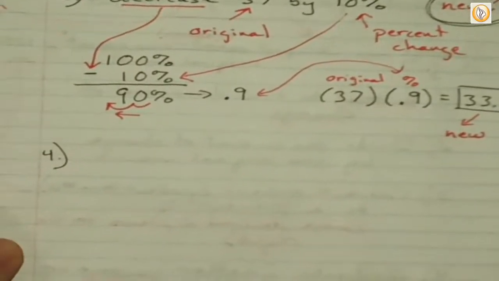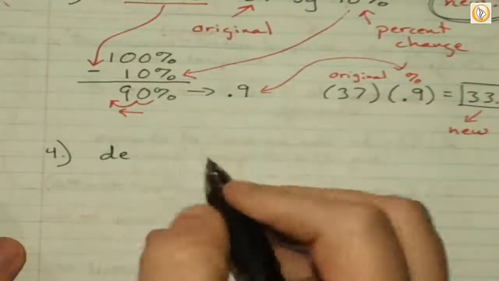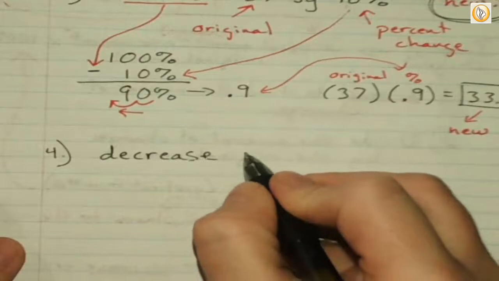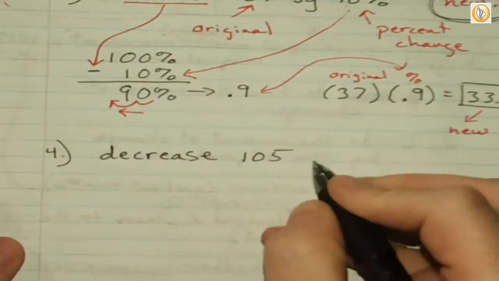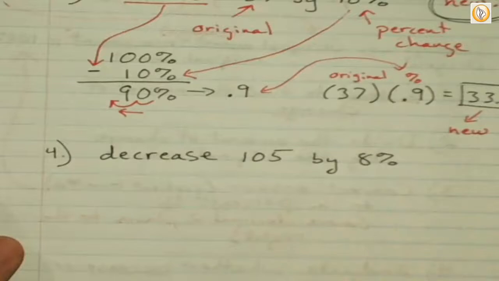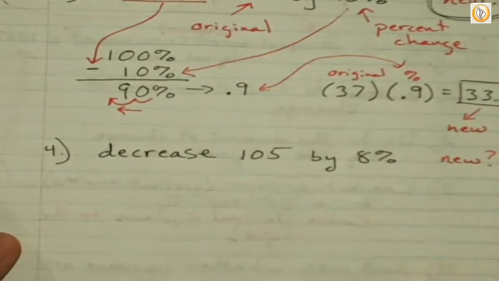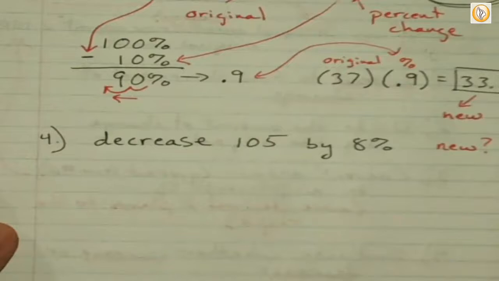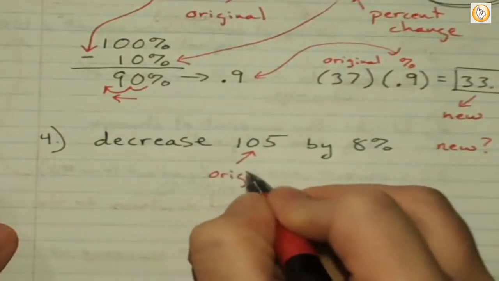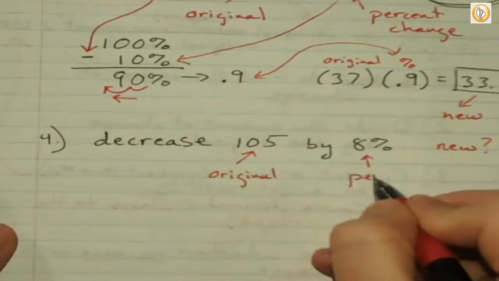Number 4. It says, again, we're looking for the new amount. If there's a decrease, 105 by 8%. Again, we're looking for new. So this is your original. That's our percent change.